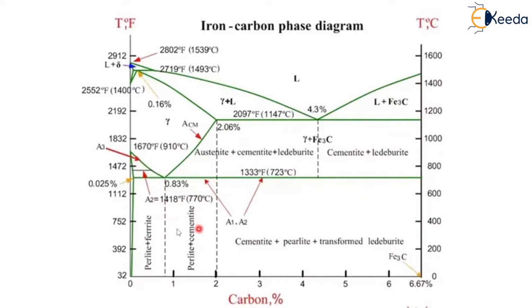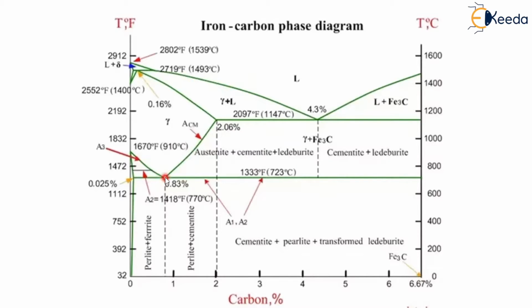And for the range from 0.83% to 2% carbon steels, this is the upper critical temperature line. So you have to heat until it reaches this region, just above the upper critical temperature line. It varies from one alloy to another alloy.